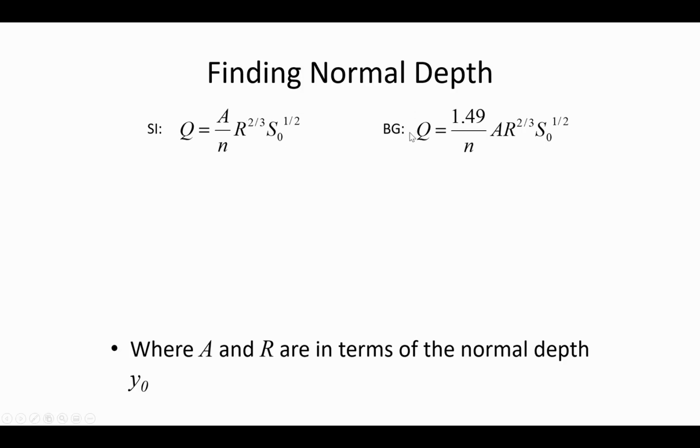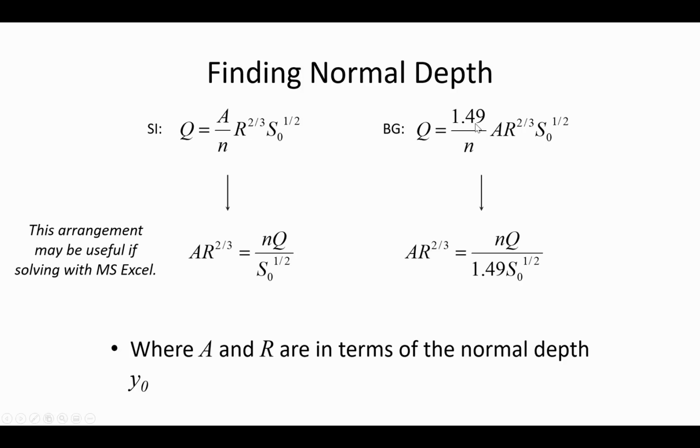Remember, for British gravitational units, if you're working in feet and cubic feet per second, then you'd need 1.49. And we're just simply rearranging so that we put any term that has the depth on one side of the equation and putting all of the constants on the other side of the equation. And then we solve it until the left-hand side equals the right-hand side.